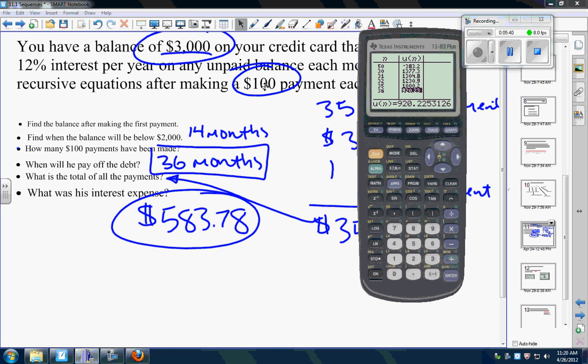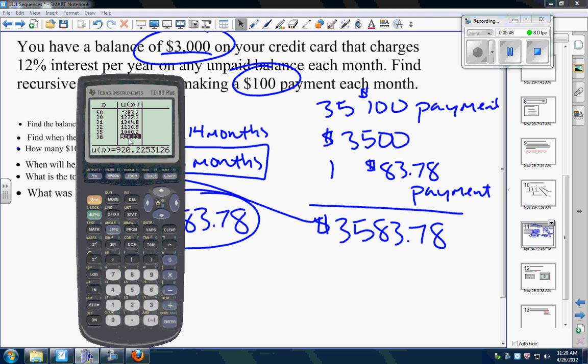So last time at 12%, we were negative $15, meaning we'd paid that thing off. Now we still owe $920 at month 36. So we know month 50 is going to be a little bit too long, so let's try month 42. Okay, let's try month 45, month 48.